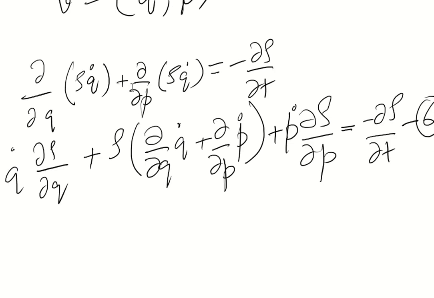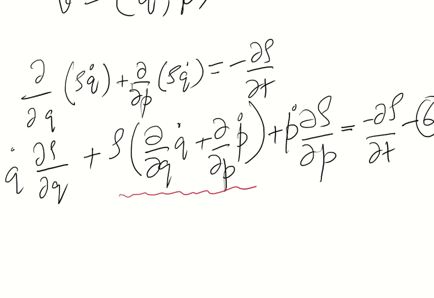So in equation 6, you notice that I have separated out the term rho times partial over partial q of q dot plus partial over partial p of p dot. This has very important significance.